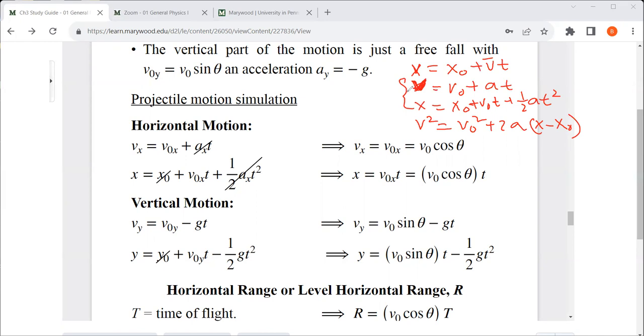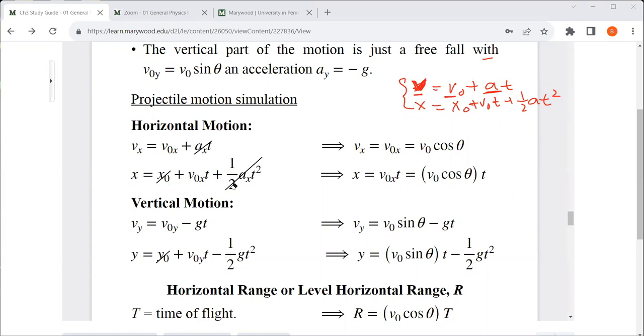So let's take the v and x equations for horizontal motion. Horizontal means x, so let me use subscript x for this. The first equation can be written as vx equal to v0x plus ax t, and then x equal to x0 plus v0x t plus half ax t squared. So we don't need the other two equations.